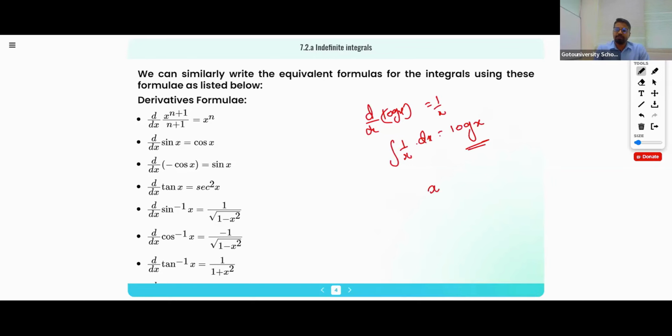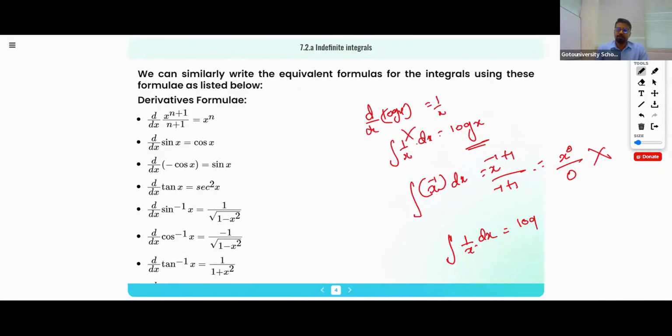You might be thinking, sir, it's x power minus 1. If I apply this formula, it should give x power minus 1 plus 1 by minus 1 plus 1, which will give x power 0 by 0, which is an indefinite form. That's why we don't use this formula in this case. Instead, we remember that the integral of 1 by x with respect to x is taken as log x, because the differentiation of log x is equal to 1 by x.